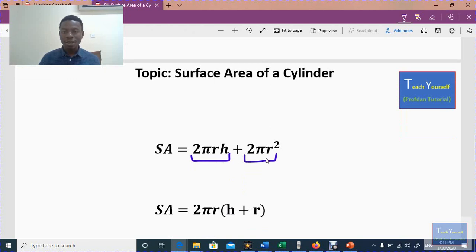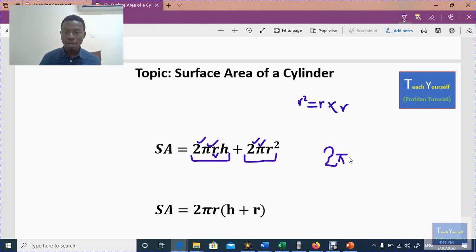If we simplify this further, or factorize, there is a 2 here and another 2 here, so I can bring out 2. There is pi here and pi here, so I can take out pi. There is radius r here, and there are two radii here because r squared is r times r.